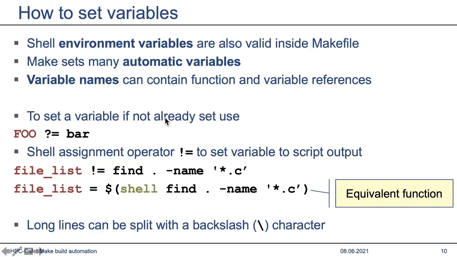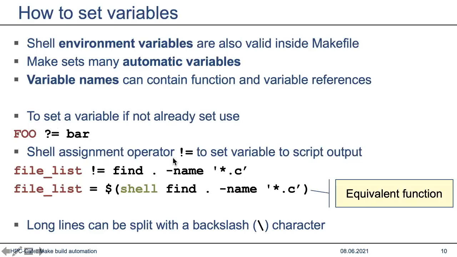To set a variable that is not already set, you can use the ?= operator. This is, for example, useful if you want to allow a variable to be overwritten by an environment variable. So you set a variable, but using this operator, you allow someone calling make to specify it in the environment. This allows you to set things from outside without editing the makefile, for example. That's one application of this operator.